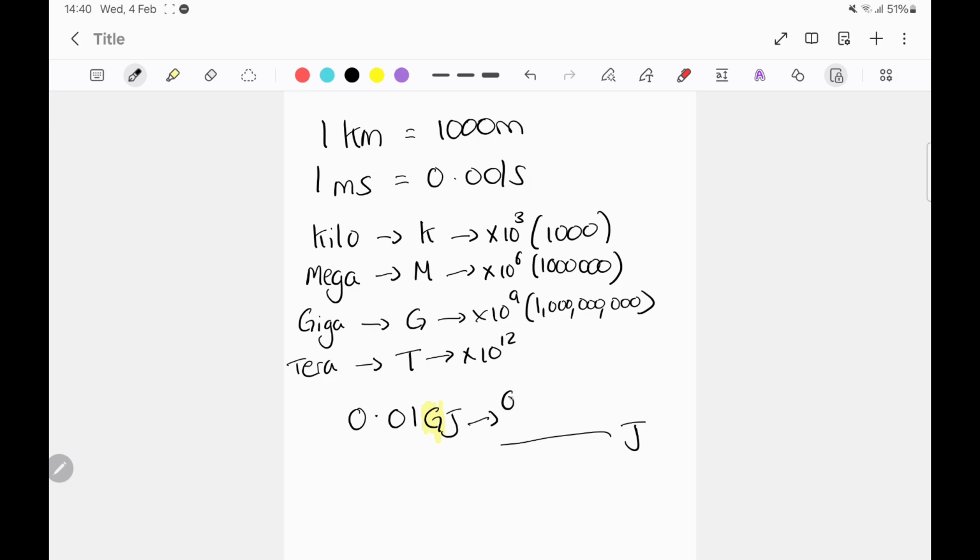So all we do is put 0.01, that doesn't change, and replace giga with times 10 to the power of 9. Now, this one I am not going to do in my head. Your best bet is to grab your calculator and put that in. If you do that, you get 10 million joules.